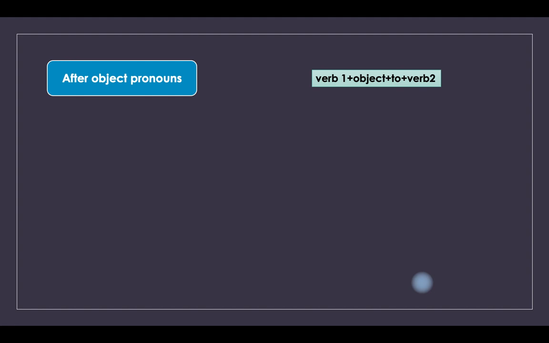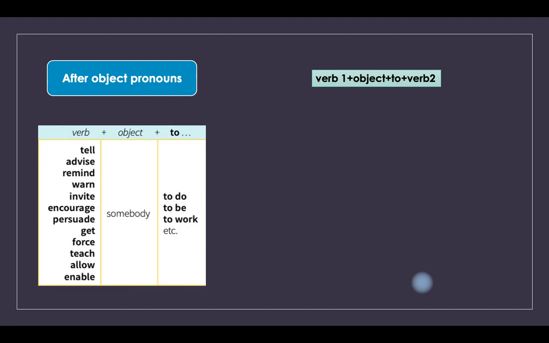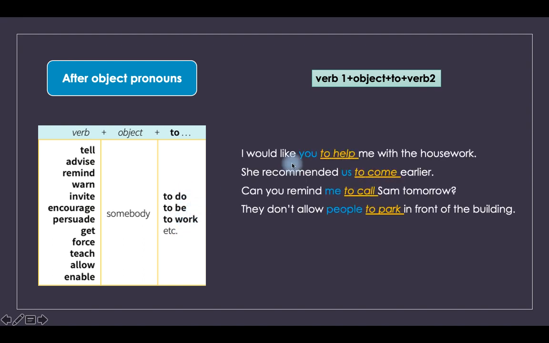Infinitives are also used after object pronouns. Now, what's an object pronoun? So we have a verb, we have an object plus to, and plus the second verb. You will understand it now from these examples. I would like you to help me with the housework.